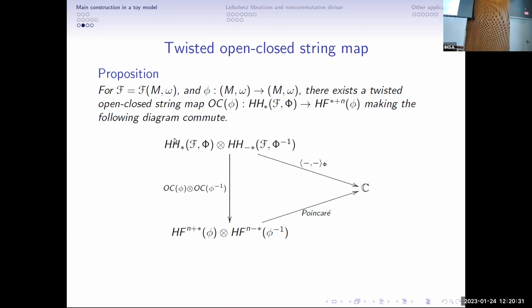On these two tensor products, we've seen that there are pairings defined. On the Hochschild part, there's a twisted Shklyarov pairing. On the Floer cohomology part, there's a Poincare pairing. And the point is, the open-closed map actually preserves the pairing, as defined before.